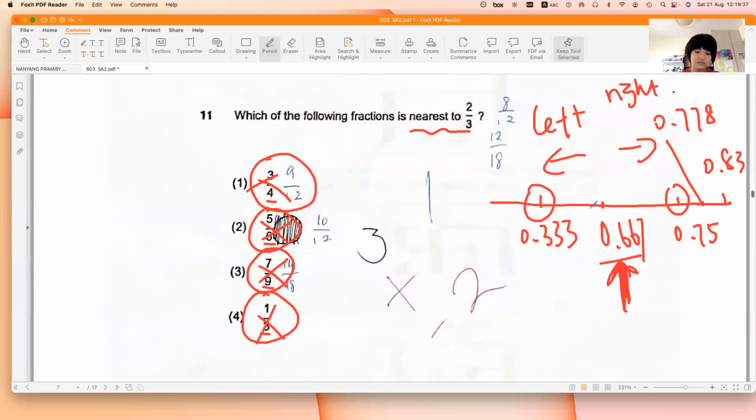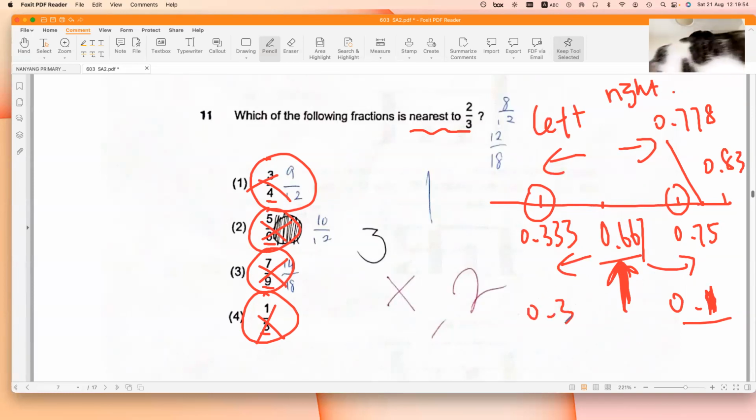If you use your calculator, you realize that from here to here is only close to 0.1, and from here to here is definitely 0.3, which is more than 0.1. Therefore, the nearest is 7/9. That's how you get this answer.